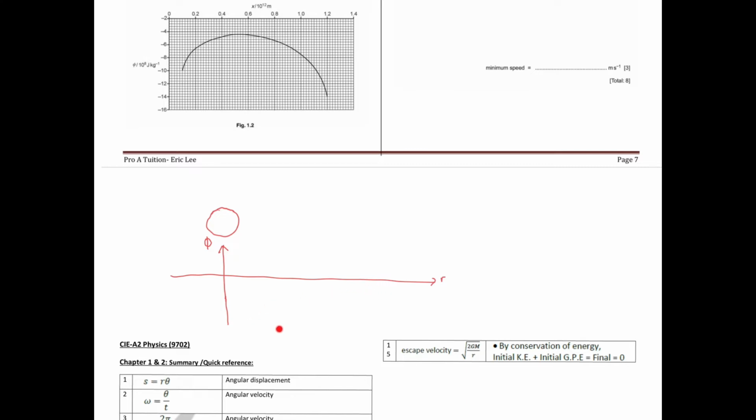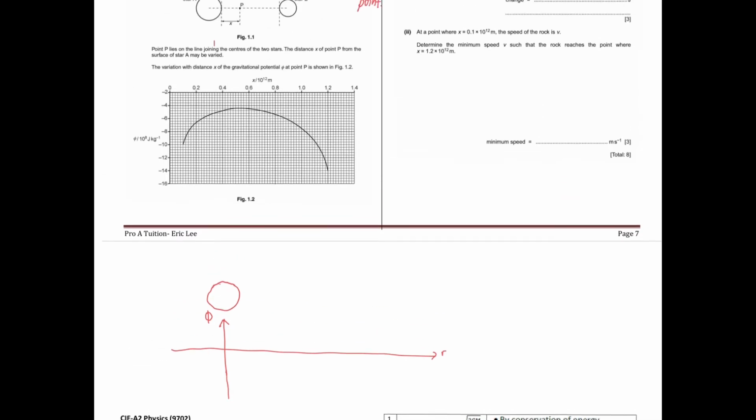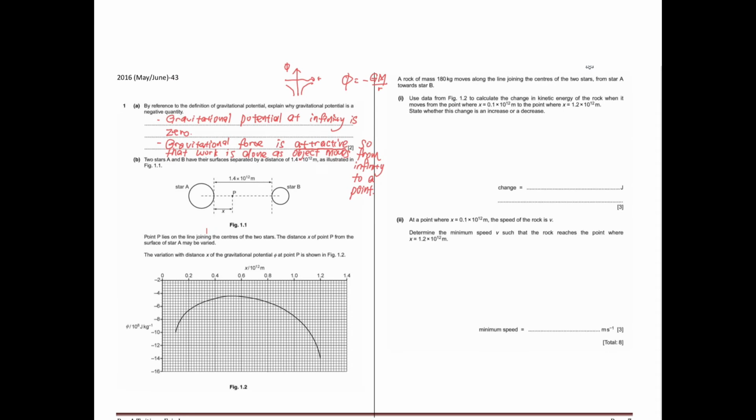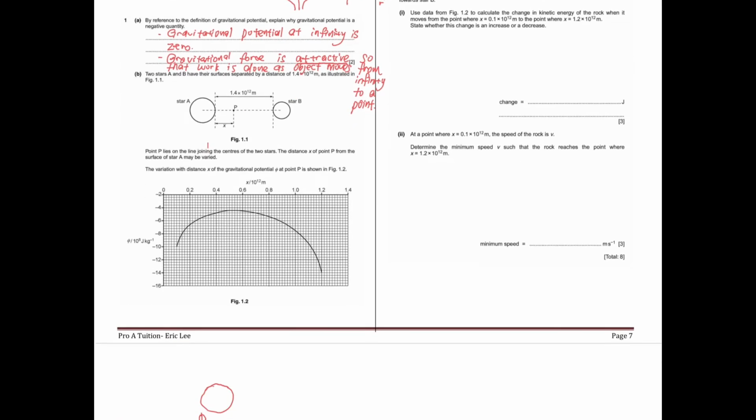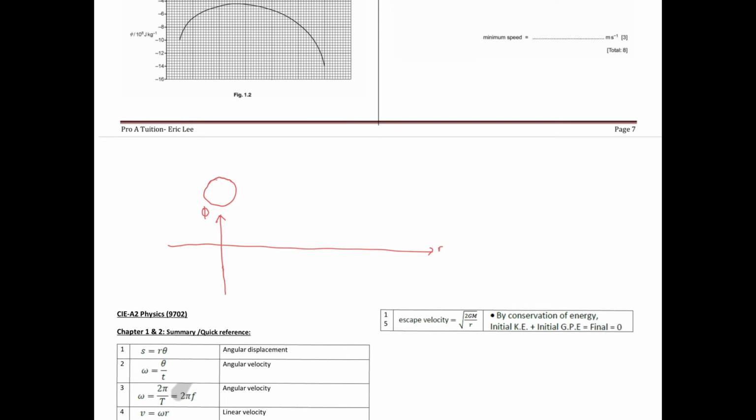Based on our basic concept, as you can see here, our basic graph should look in that way. Let me do it here in red color. The graph should look like this. So this is for star A.